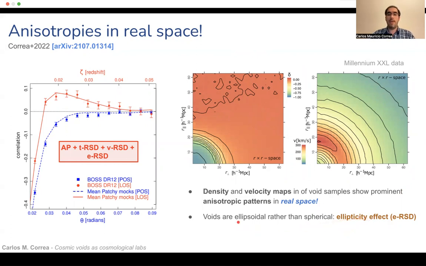So voids are better characterized as ellipsoids rather than spheres. And this is an additional source of anisotropic patterns on correlation measurements. At first, we figured out the existence of this new effect by measuring density and velocity maps of void samples in real space, where we detected anisotropic patterns in real space.